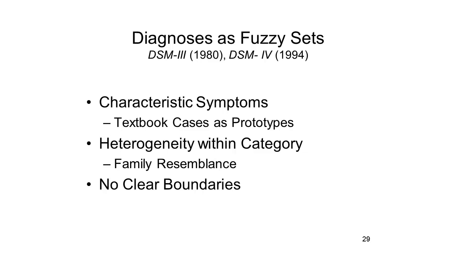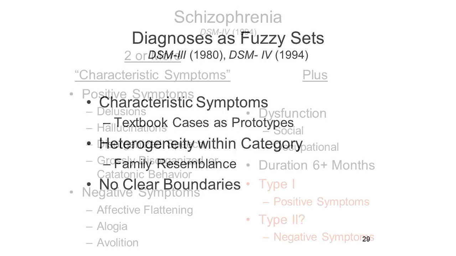Moreover, specific instances of the categories will share a family resemblance, resulting in a great deal of heterogeneity among patients who carry the same diagnosis. And each syndrome is represented by a kind of prototypical patient who has many, but not necessarily all, of the symptoms that are characteristic of a particular category.